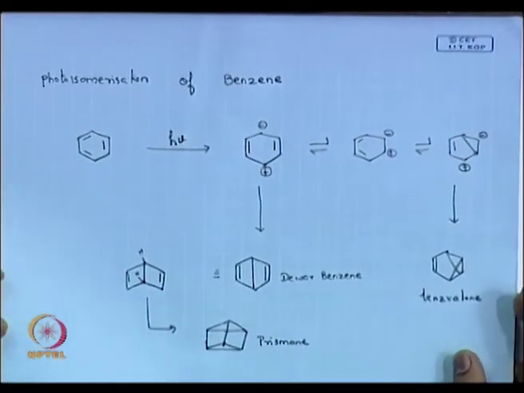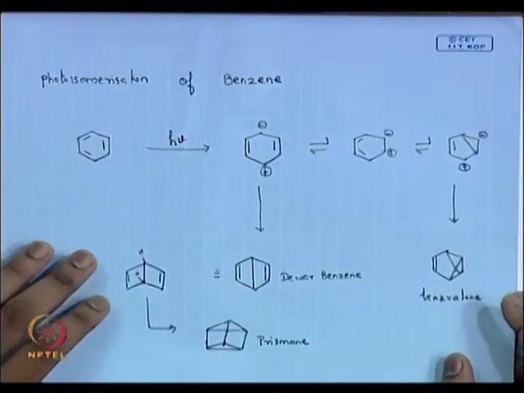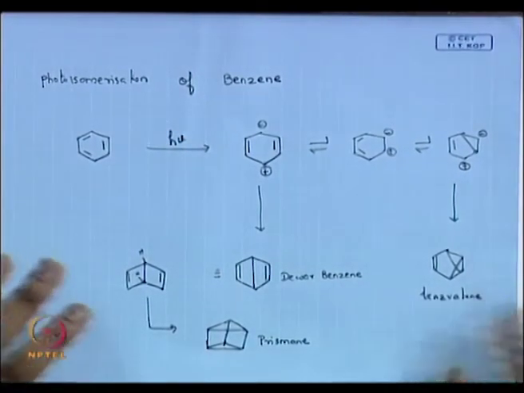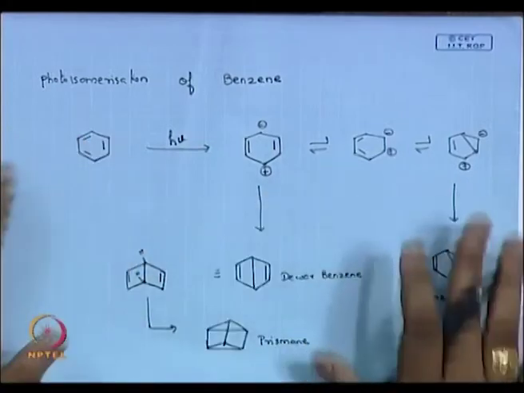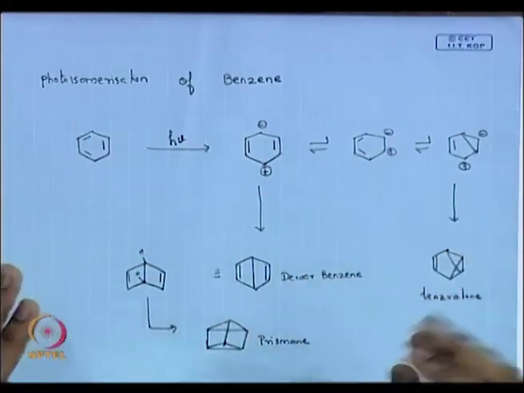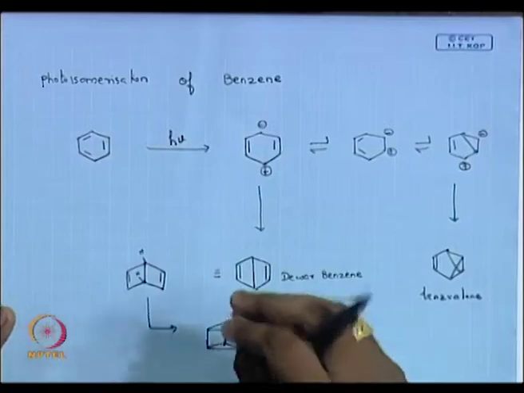Now we will see some cycloaddition reactions of benzene with the same chemistry. See, if benzene is alone, it does this chemistry, but with benzene, if you put some alkene or diene or anything, it can do cycloaddition reactions also.